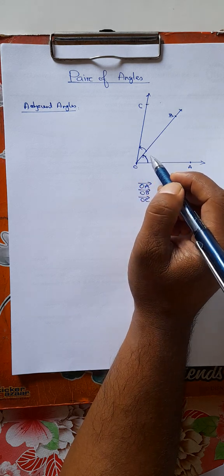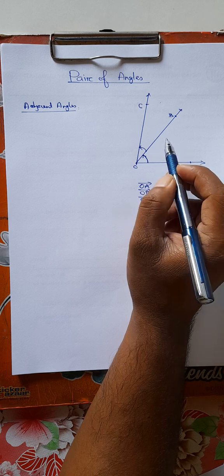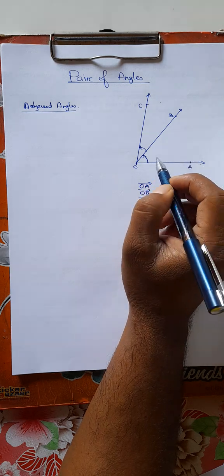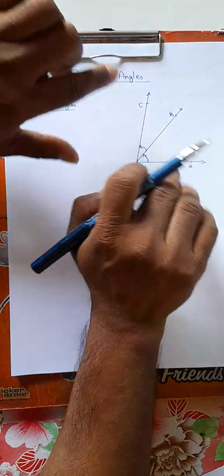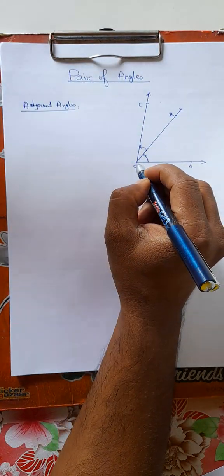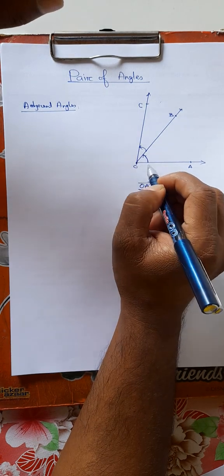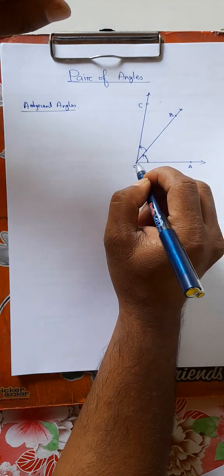So to form adjacent angles, you need three rays, one common ray and non-common rays. Non-common rays are on either side of the common ray. The vertex is same. Vertex is common. Two angles have common vertex.